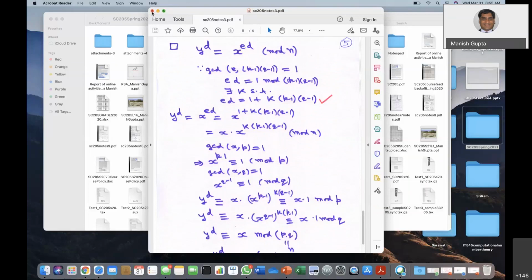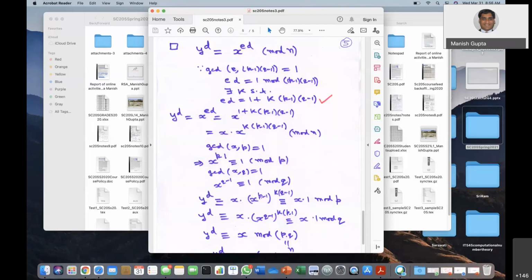Yes, sir. When we applied Fermat's theorem, then we get x raised to p minus 1 is equivalent to 1 modulo p and 1 modulo q. So, sir, this doesn't imply that x raised to p minus 1 is equivalent to 1 modulo n. Yeah, that's what I'm saying. See, x raised to p minus 1 is congruent to 1 mod p. That means y raised to d is nothing but x times x raised to p minus 1 times k times q minus 1.